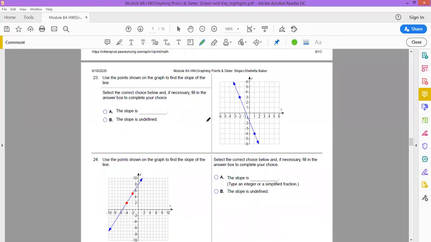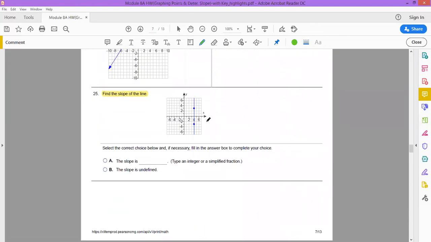All right, let's move on to number 25. Look, we have a vertical line, and we just talked about the slopes of vertical lines. Any line that goes up and down, your slope is going to be undefined. So undefined is your answer. But let's look at the numbers just so you could see how it becomes undefined.